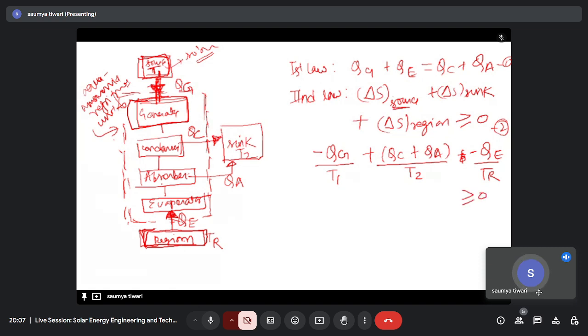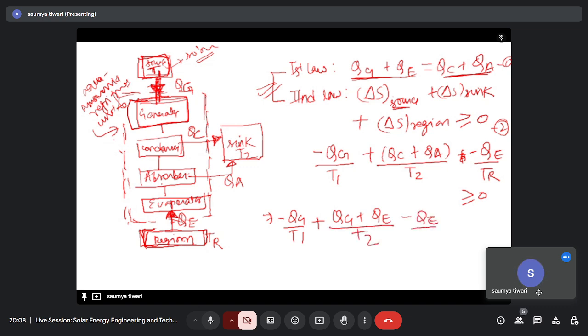So these are the two equations from which your COP will be calculated, so the COP equation could be derived. I'll just solve it quickly. It will be minus Qg upon T1, and Qc plus Qa can be written as Qg plus Qe, so Qg plus Qe upon T2 minus Qe by TR should be greater than or equal to 0.